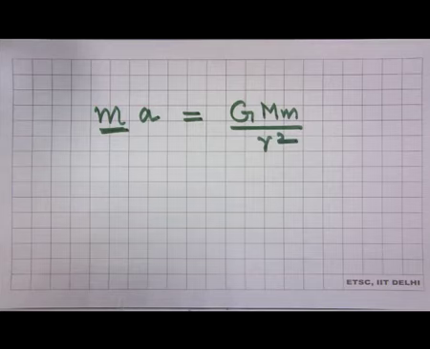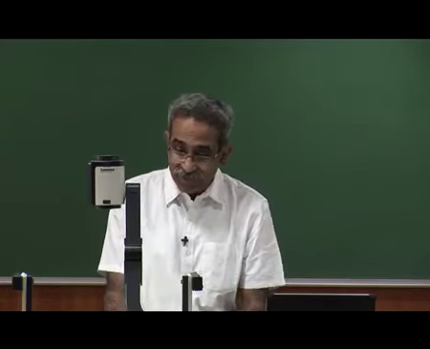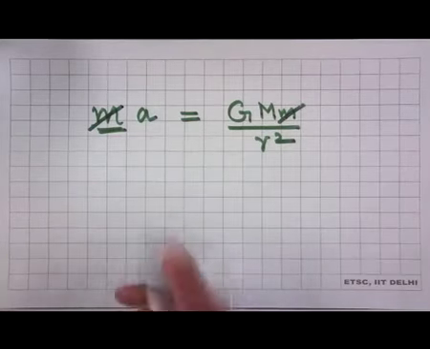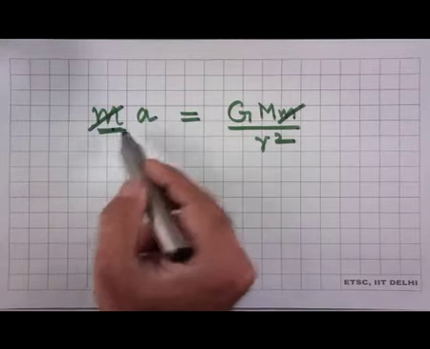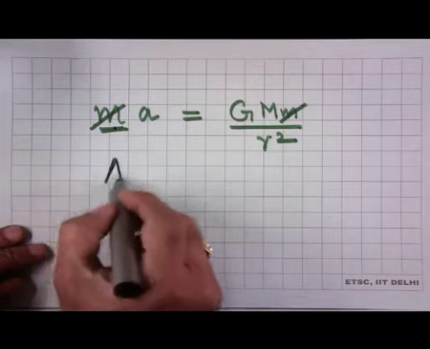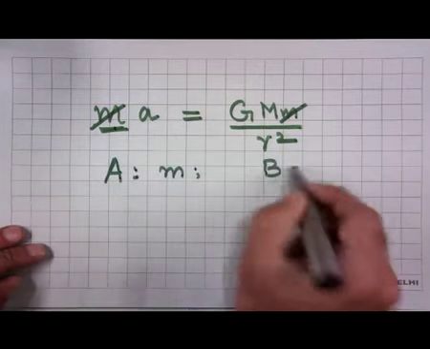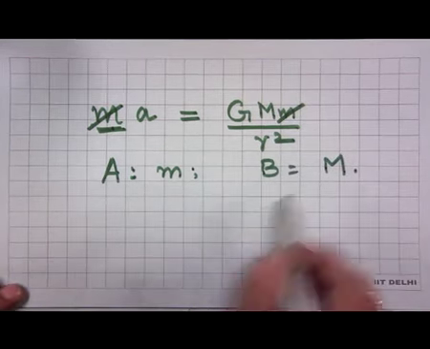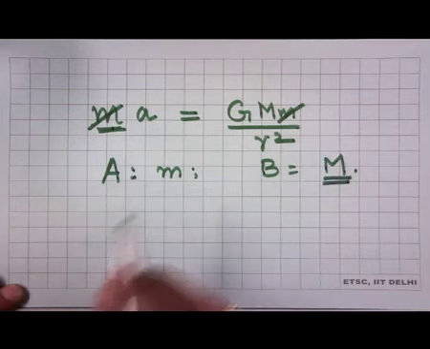Now, one of the curious things that you find, and that is something that I am going to spend quite some time on at a later time, is that the acceleration of this test mass, because I am only worried about that, so let me write that A has a mass m, B has a mass capital M. I am going to assume that this capital M is much larger than this small m.